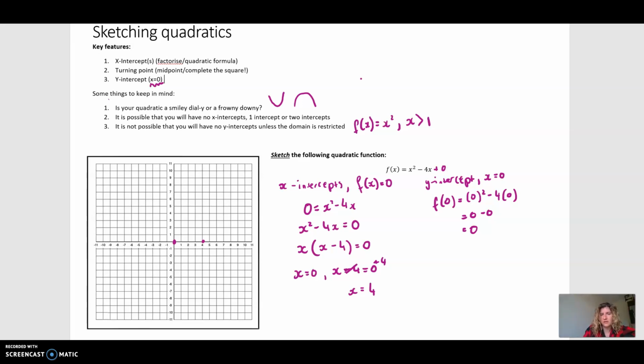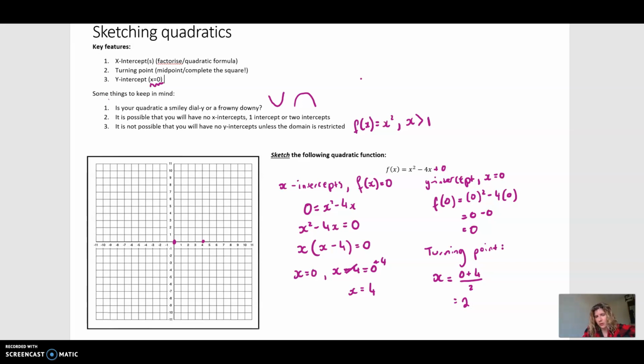So because those two are equal, then you should be able to find the turning point from there. In this case, to find the turning point, you can say for your x coordinate, that's going to be 0 plus 4 divided by 2, which is 4 divided by 2, which is 2. So you add the two coordinates together and halve it. That's how we always find the midpoint. And that gives us 2, so we know our x coordinate is at 2.